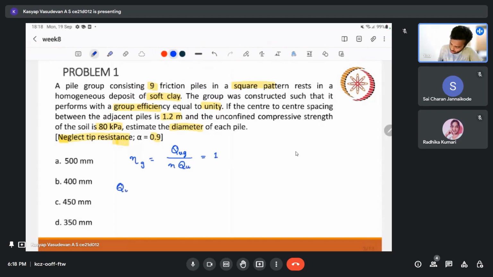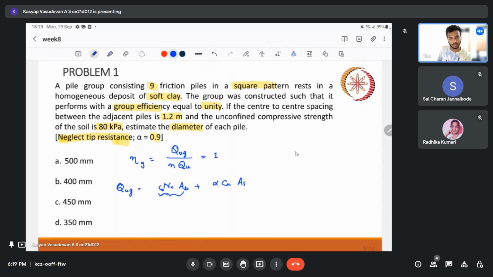But we also know that the group capacity can be written, just as before, as Cu Nc Ab plus the bearing resistance, and the cohesion part, the skin resistance part. To write the skin resistance part, we need, in this case, alpha Cu As, where As is the shearing area.